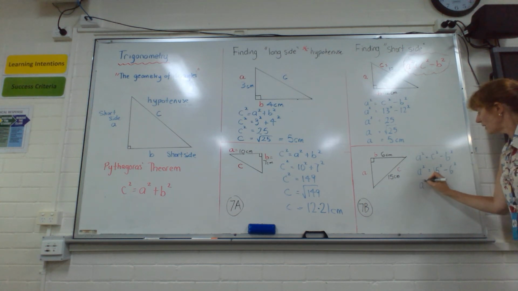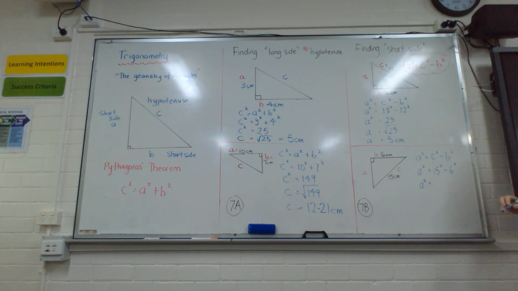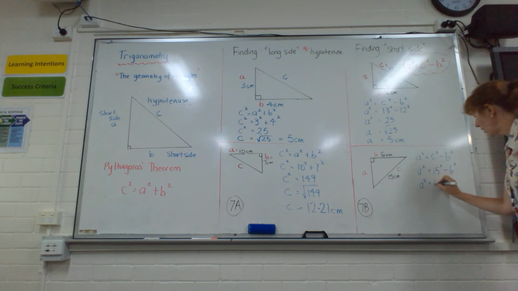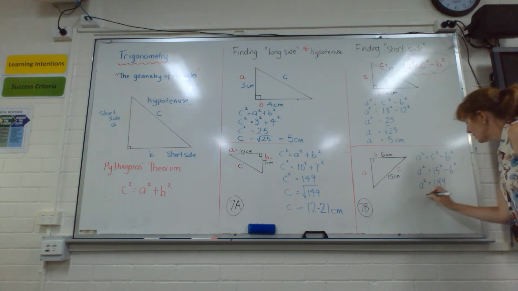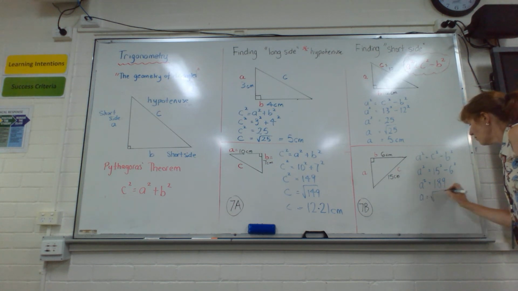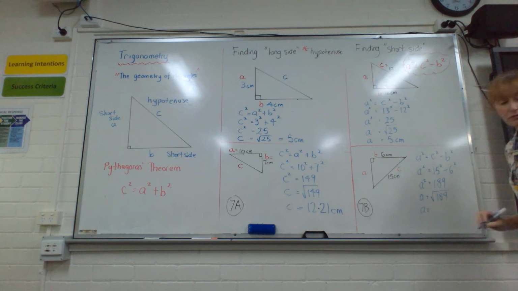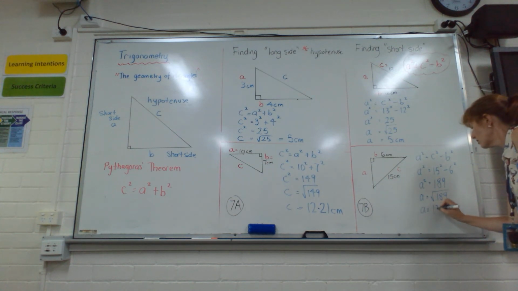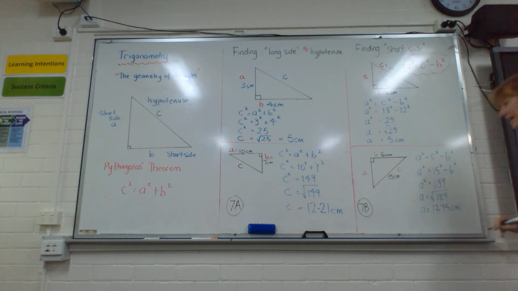So A squared equals, when I do that on my calculator, I get 189. So A is the square root of 189, which when I round it to 2 decimal places is 13.75, and now the units.